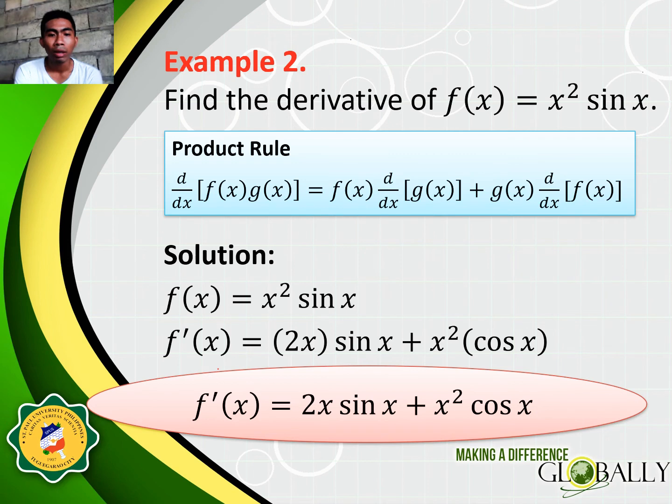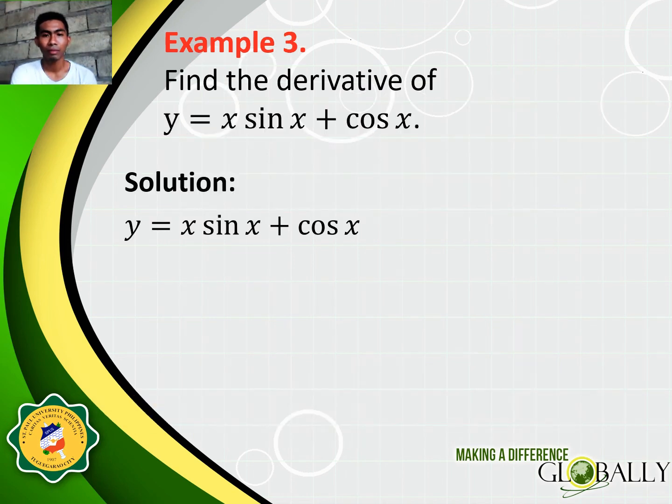Therefore, the derivative of the function f of x equals x squared sine x is 2x sine x plus x squared cosine x.